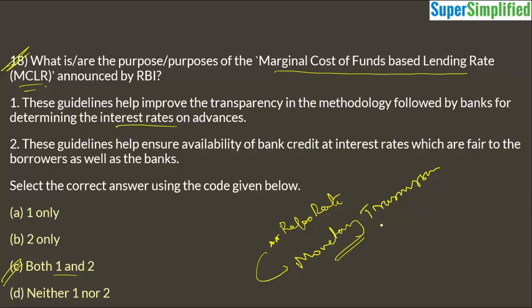Because it wants to give a stimulus to the economy by increasing the money supply. But since the monetary transmission was not happening, the intended purpose was not getting served, right? So that is why RBI has come up with a new formula which will bring transmission to the repo rate as well, right? So this is a new regime which solves these two purposes which are stated in statements 1 and 2. So the correct answer is C, both 1 and 2.